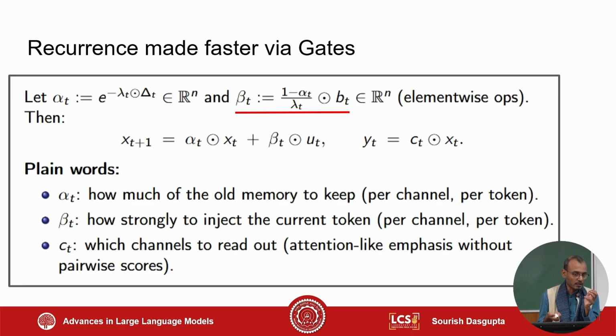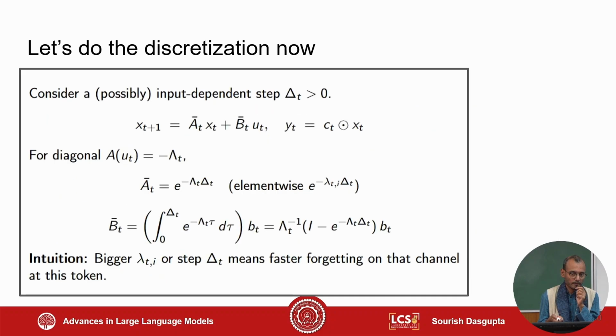Now the alpha, the forget gate, comes from e raised to minus lambda t Hadamard delta t, which is this e prime t.